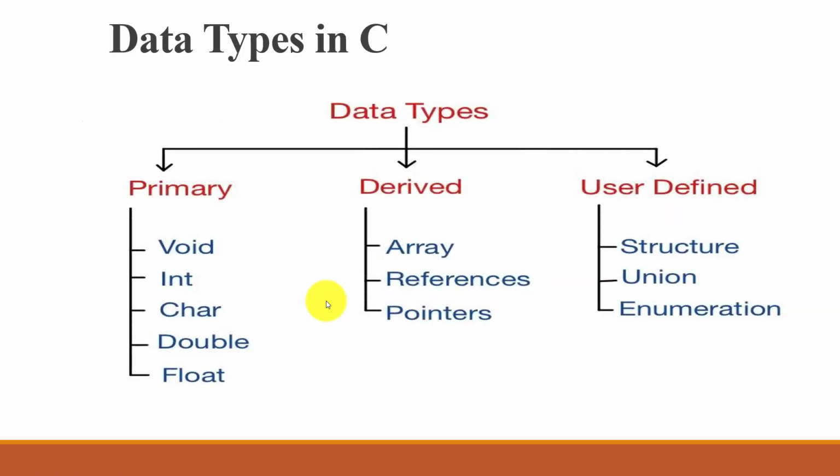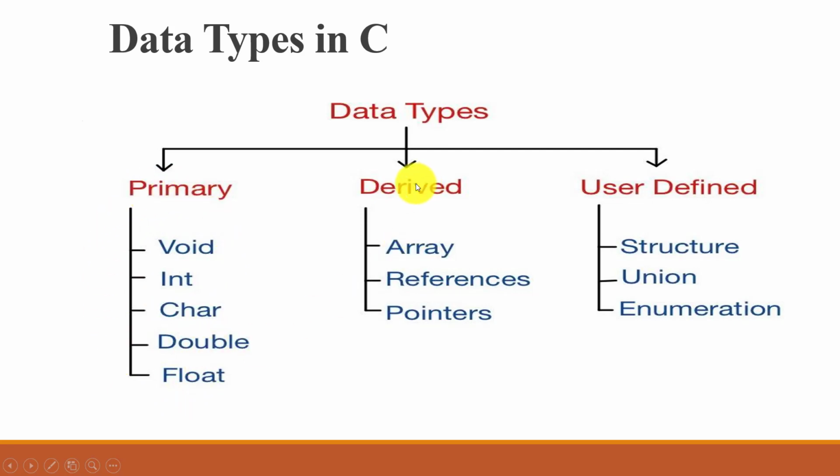Now in this diagram you can see data type is mainly divided into three parts. The first is the primary data type, the second is the derived data type, and the third is the user defined data type. Under primary data type come void, integer, character, double, and float. Basically we use these primary data types mostly in our program.